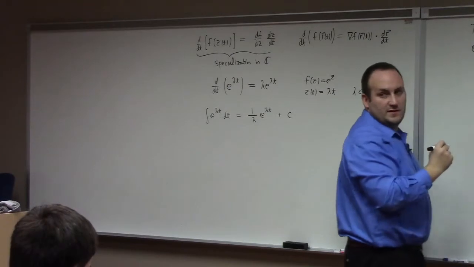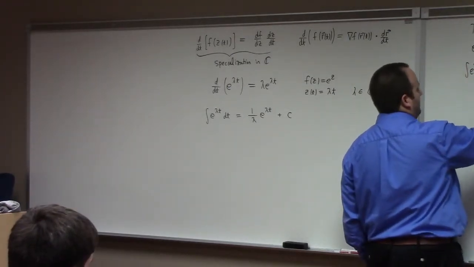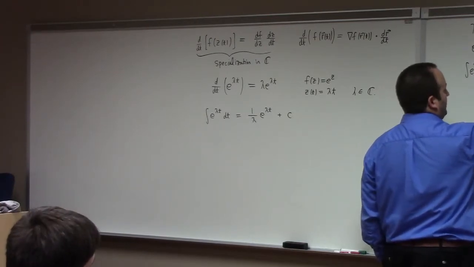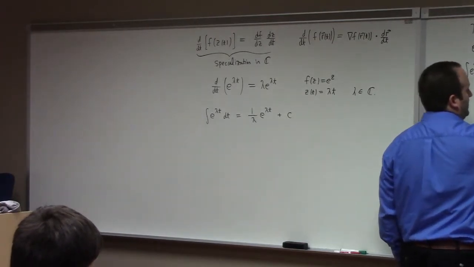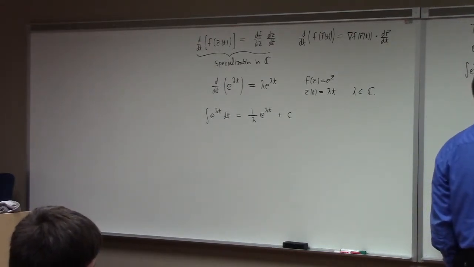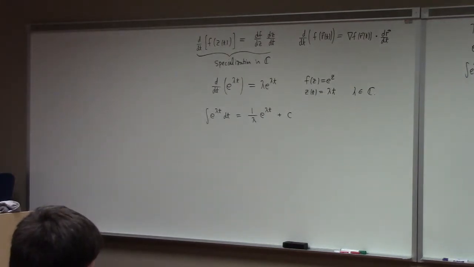So to integrate e to the lambda t dt, that's the integral of e to the alpha t cosine beta t dt plus I times the integral of e to the alpha t sine beta t dt. And apparently that's equal to 1 over lambda e to the lambda t plus some constant.